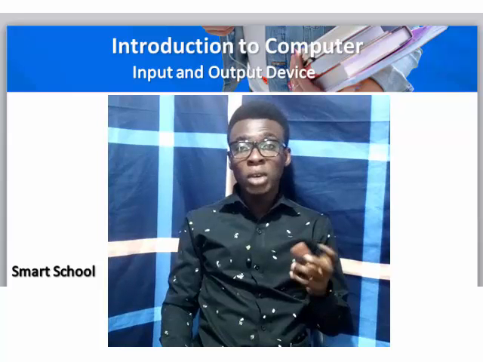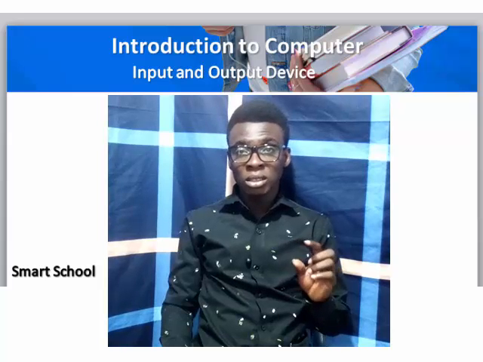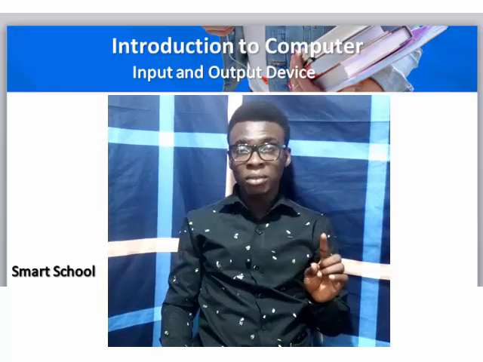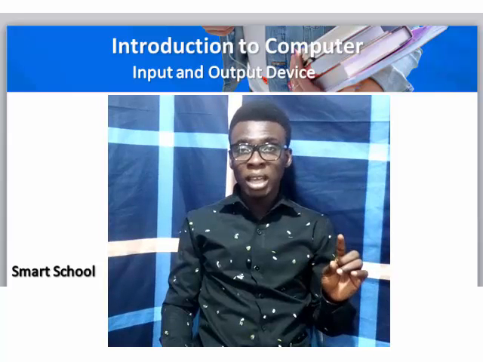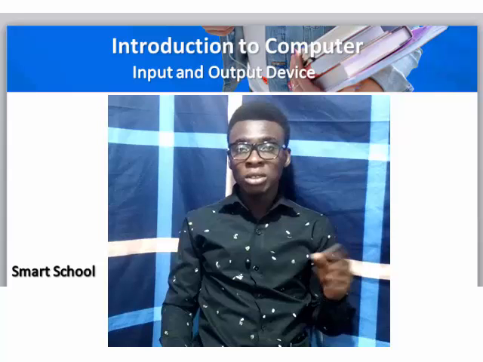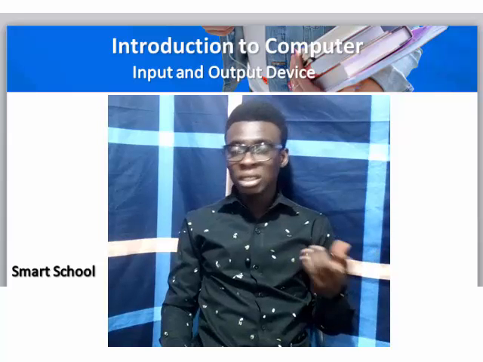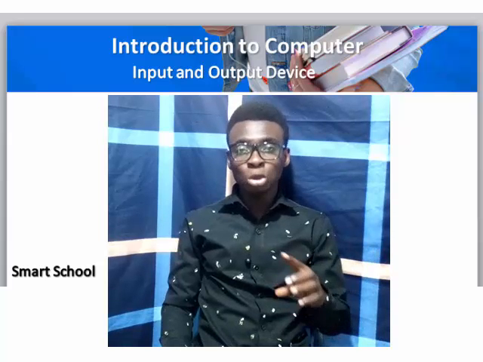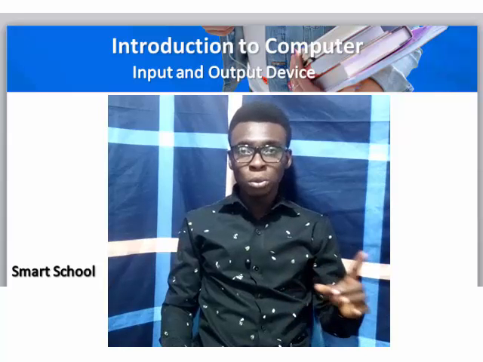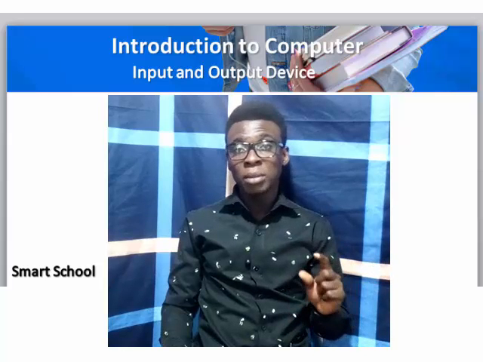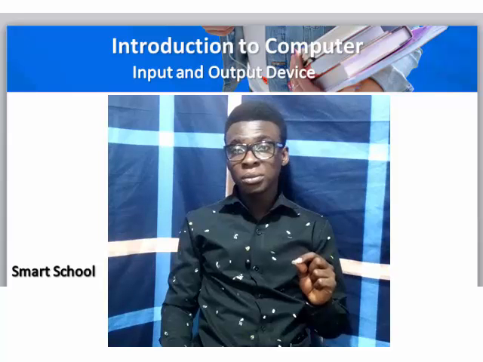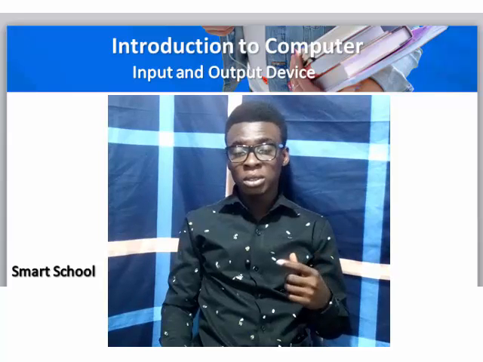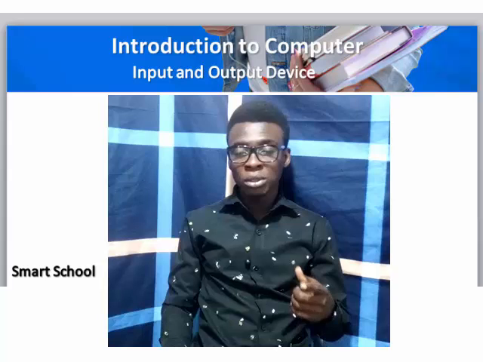We use the mouse for clicking, to click on an icon, to double click on an icon, to open a web page. We use the mouse for so many things, to drag, to group, and so on. So the mouse is an input device.